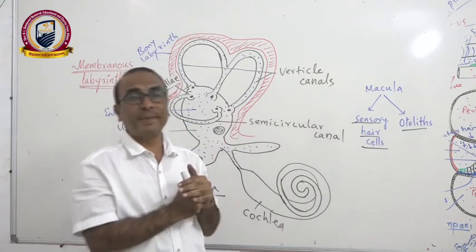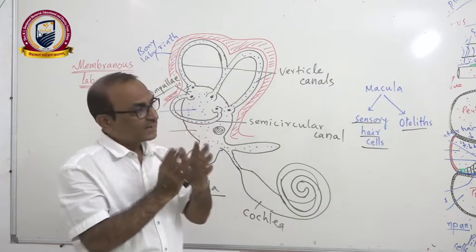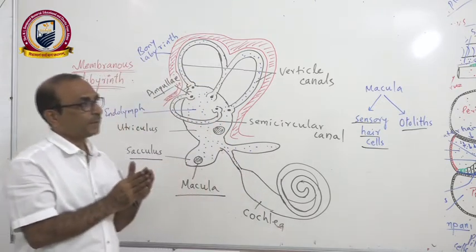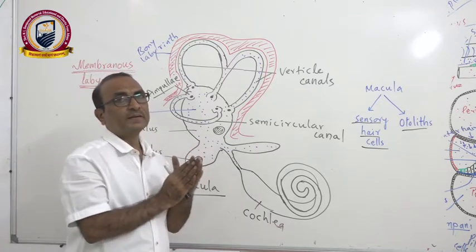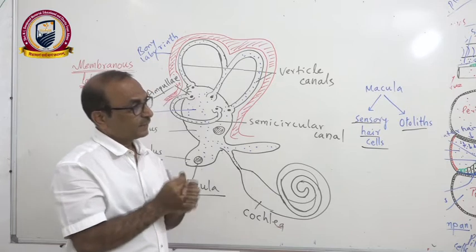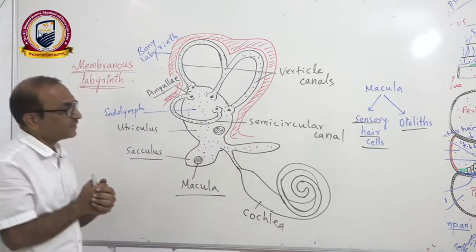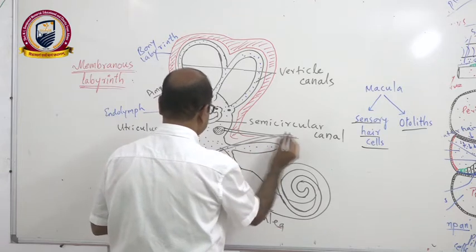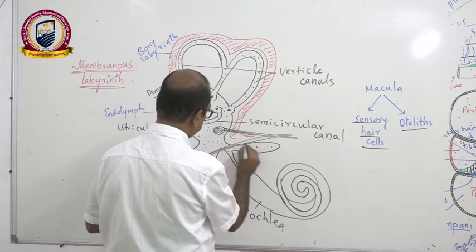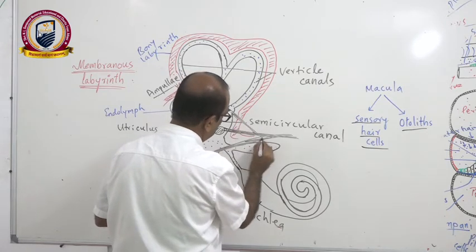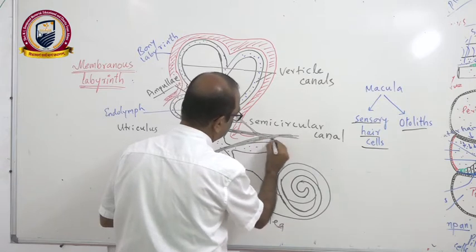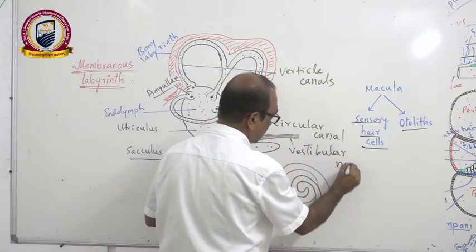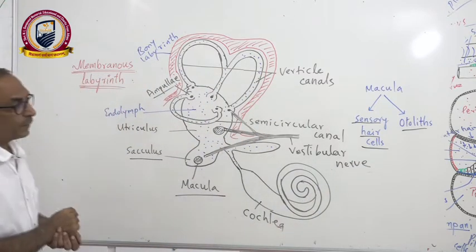And when the cilia of the hair cells bend, then an action potential is created, an electric signal is generated, because it causes a change in the membrane permeability of the hair cells, and that creates the electrochemical signal, which is further taken away by the sensory neuron connected to these cells that make up the sensory nerve, which is called the vestibular nerve, which later joins with the cochlear nerve, forming the auditory nerve.